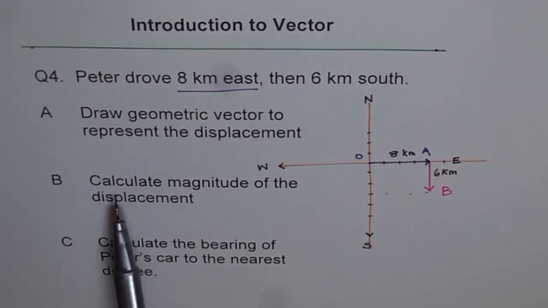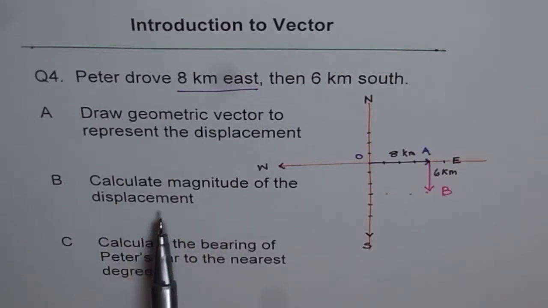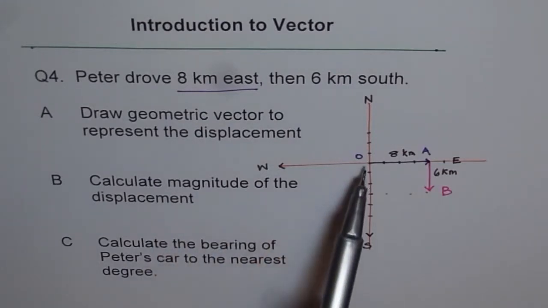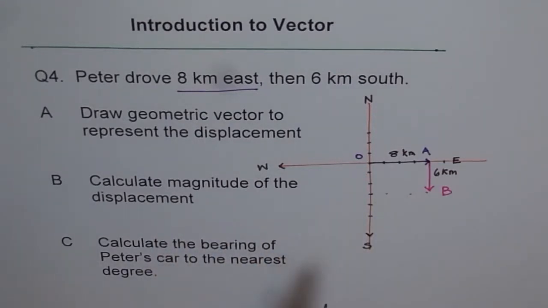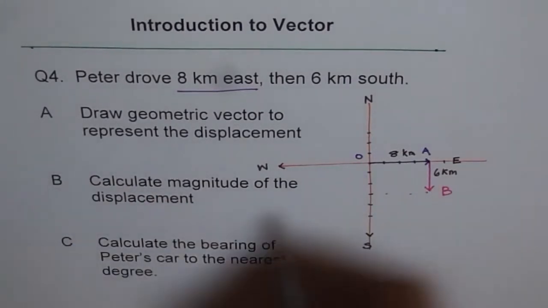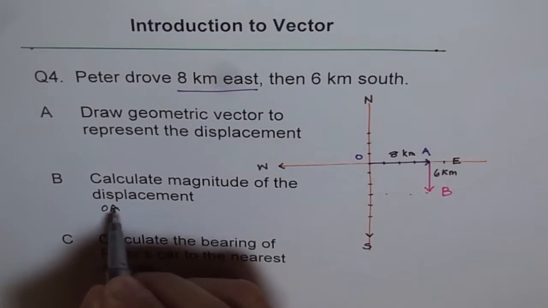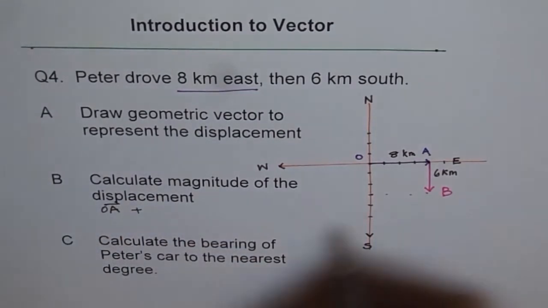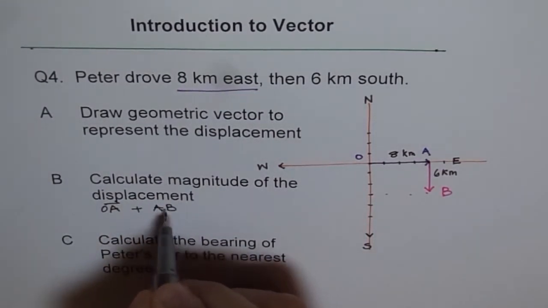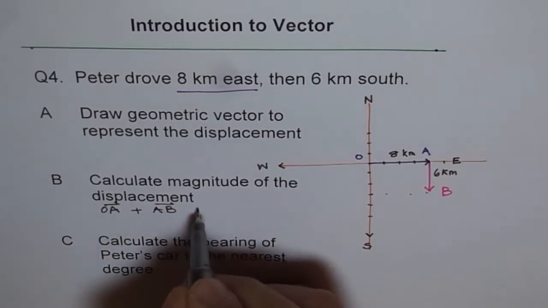Part B is calculate magnitude of the displacement. Displacement is final movement from starting point to end point. So as we can see, the two vectors were, we did here O to A and then plus A to B, right? We'll soon learn this addition also.